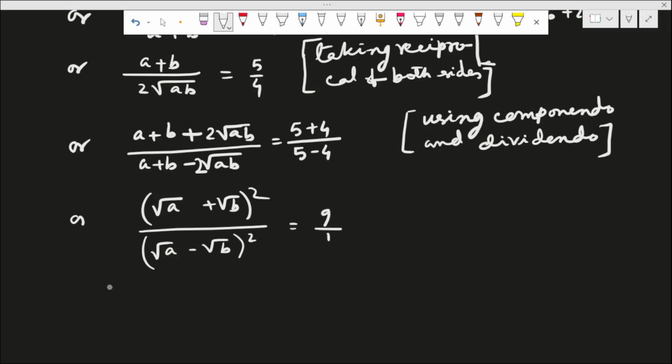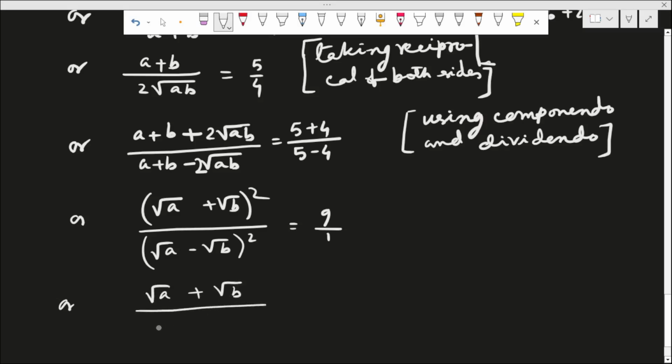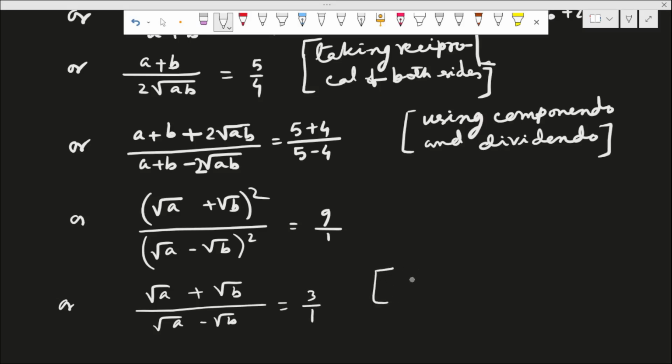Now if we take square roots of both sides, the squares will be removed. So root A plus root B by root A minus root B is equal to 3 by 1.